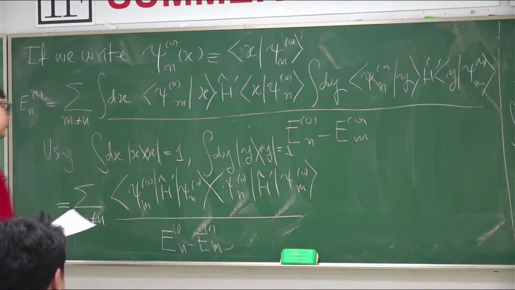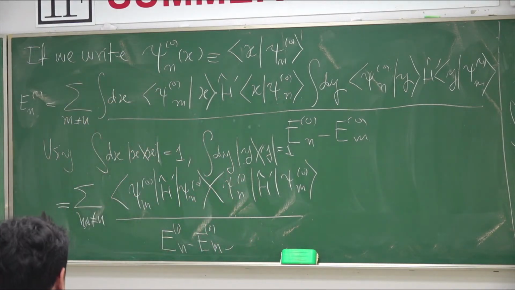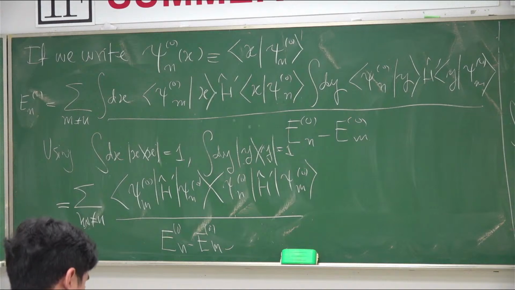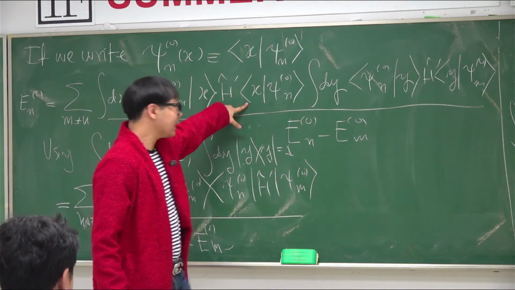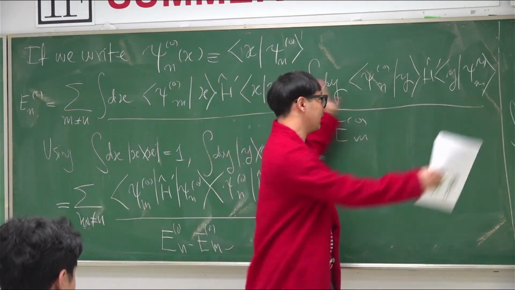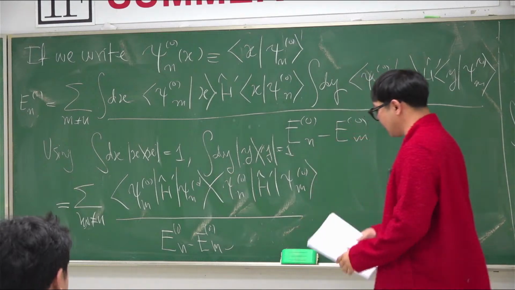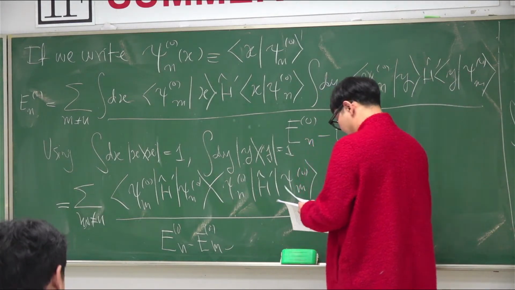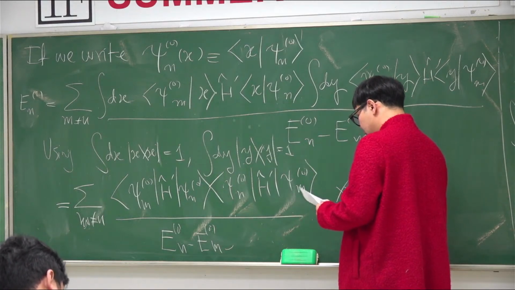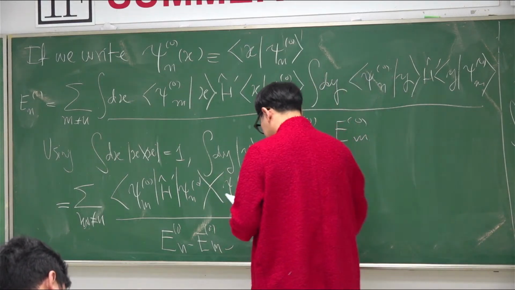I mean, you take out this completeness relation, take out this completeness relation, and then you sandwich these two things together. So now you get your E2 in this way.